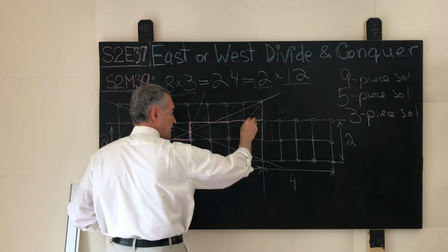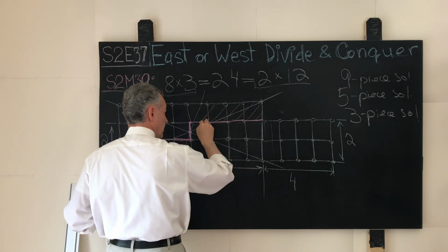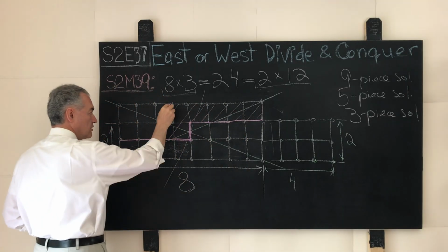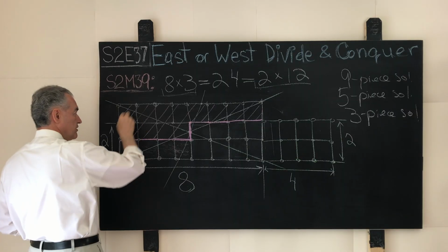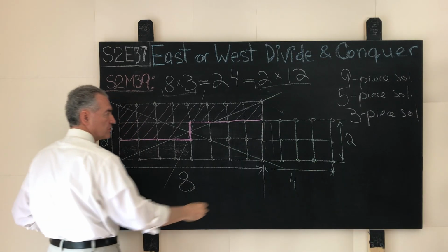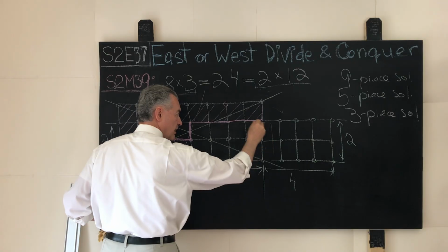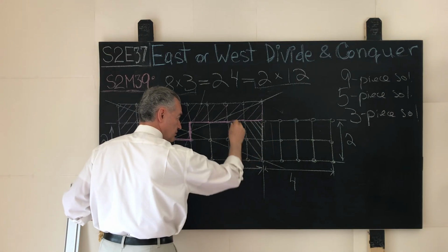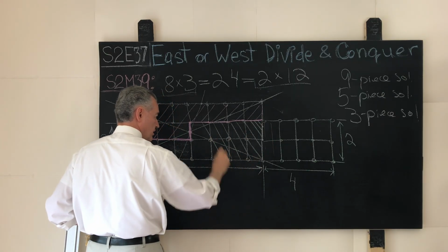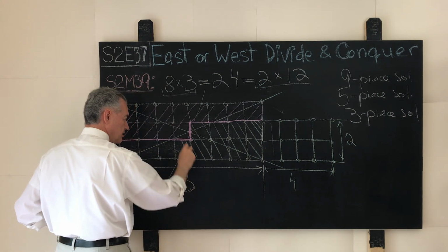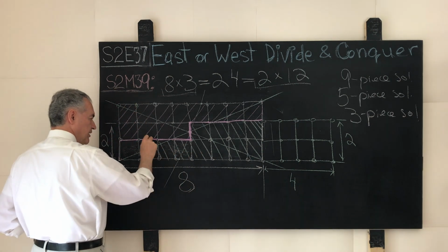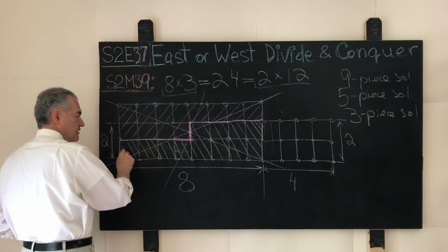It will be this piece right here, which I'll cross hatch in red, and the other piece will be this guy, which I'll cross hatch in green. You see, it will run this way, and indeed these 2 pieces are symmetrical.